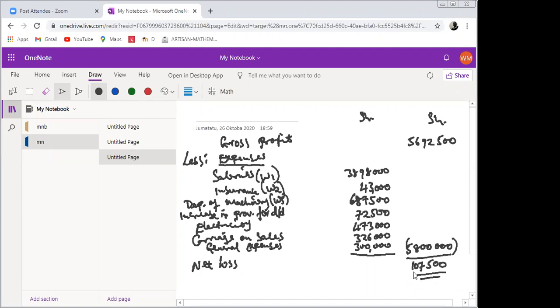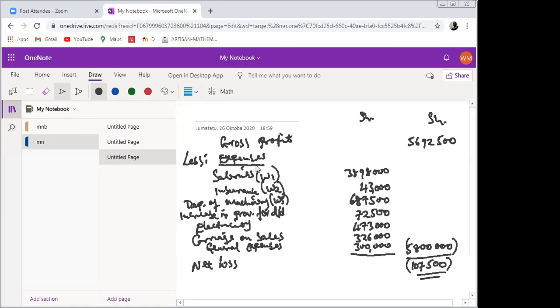You don't put a negative, you just say it's a net loss. You put it in brackets, meaning it is negative. Like that, and that statement is sorted. The income statement comes to an end once you have arrived at this figure, either the net profit or the net loss. Once you are there, it is done.